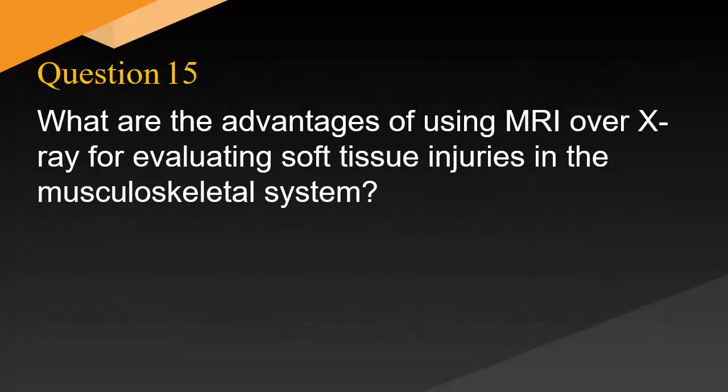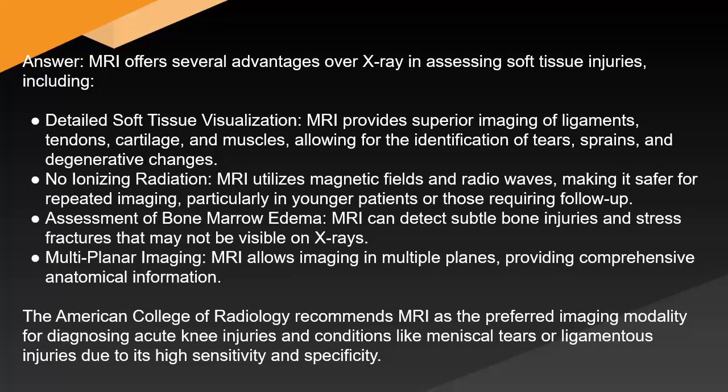What are the advantages of using MRI over X-ray for evaluating soft tissue injuries in the musculoskeletal system? Answer: MRI offers several advantages over X-ray in assessing soft tissue injuries, including detailed soft tissue visualization. MRI provides superior imaging of ligaments, tendons, cartilage, and muscles, allowing for the identification of tears, sprains, and degenerative changes.